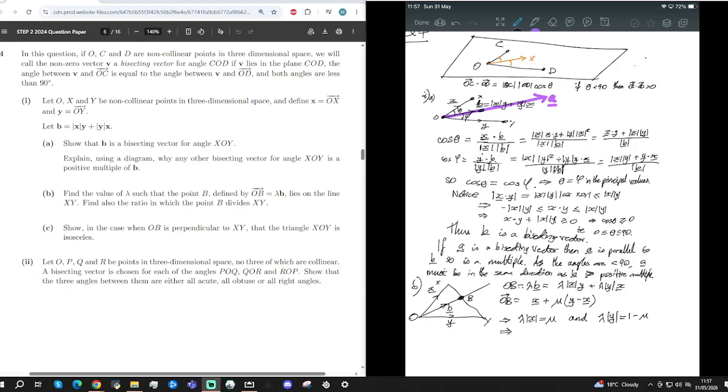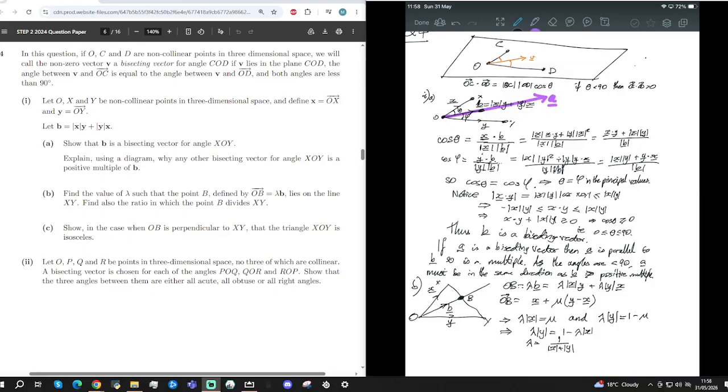Mu is something I made up. So let's eliminate mu. So lambda y equals 1 minus lambda x. So then lambda is, if I rearrange this, 1 over mod x plus mod y.